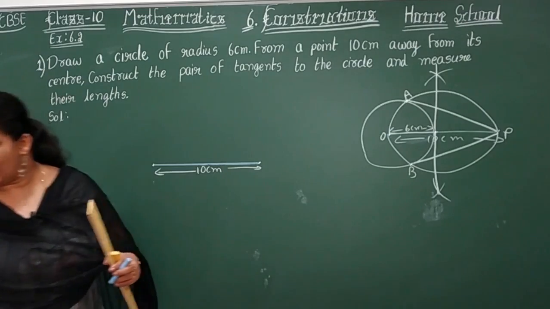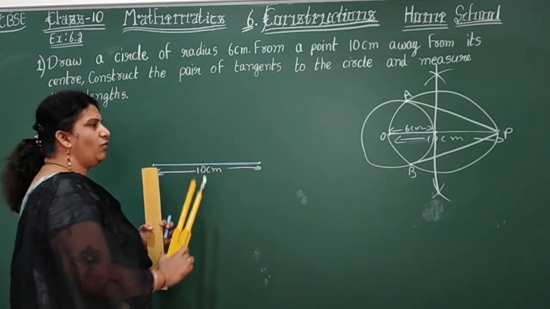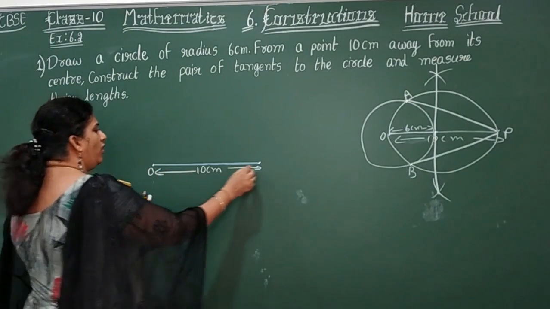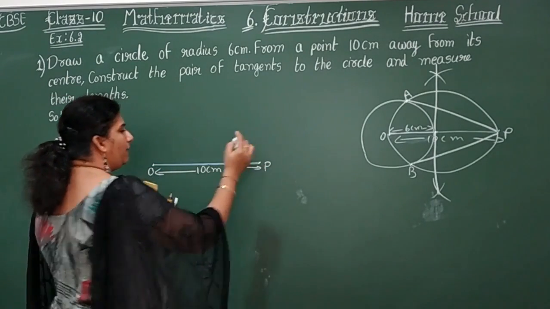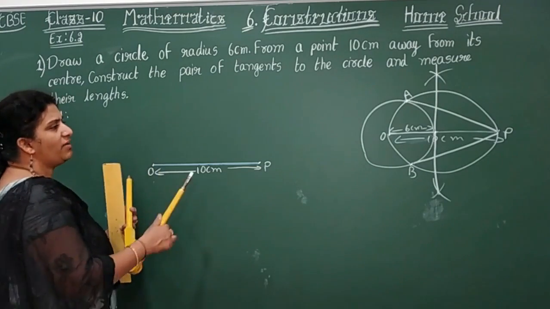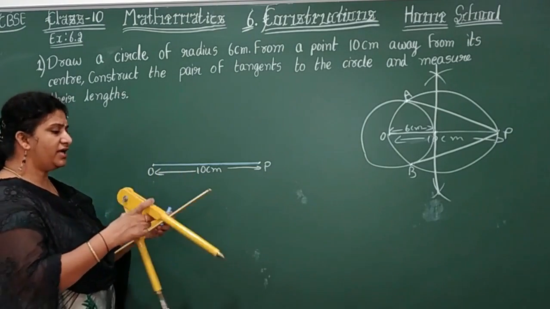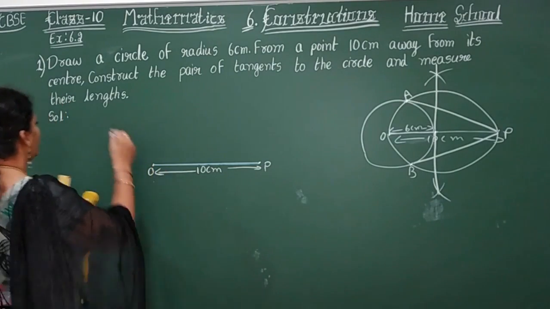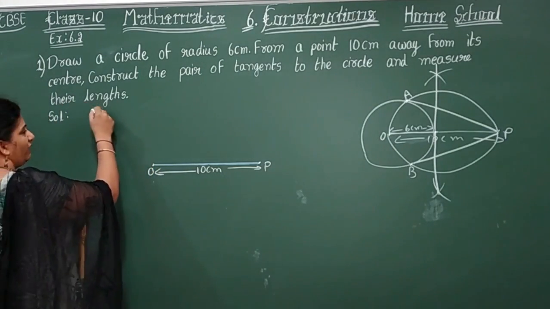Okay, now with any one point, let me mark this as O and this as P. With O as a center, how much radius circle, children, here? 6 centimeters. See here, before starting your problem, you have to write the given letters.